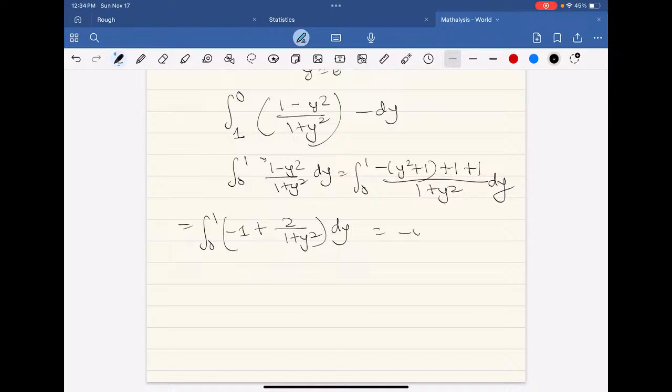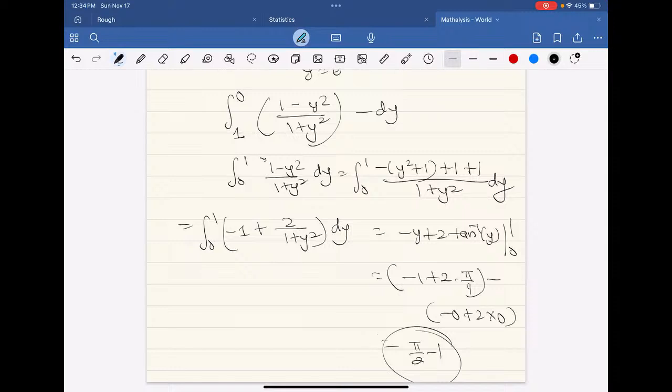And this will be negative y plus 2 tan inverse y going from 0 to 1. So this is negative 1 plus 2 times pi by 4 minus negative 0 plus 2 times 0. So this is just pi by 2 minus 1, and that's the answer, guys.